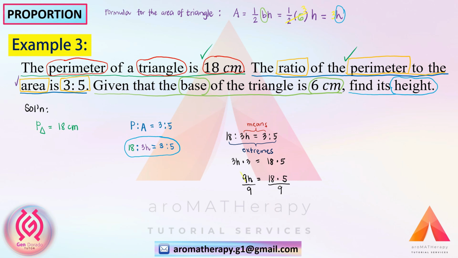Cancel 9 on the left hand side and divide 18 by 9. So we get 2. We now have H equal to 2 times 5, which is equal to 10. So this means that the height of the triangle is equal to 10 centimeters.